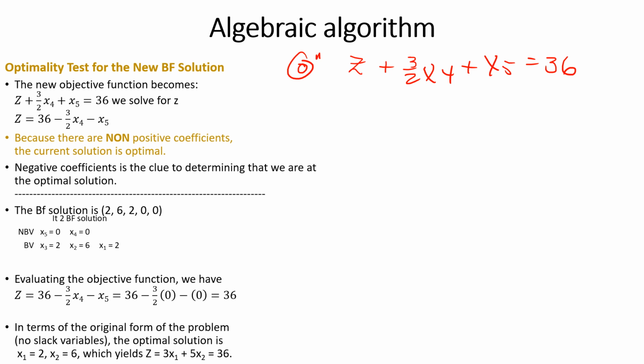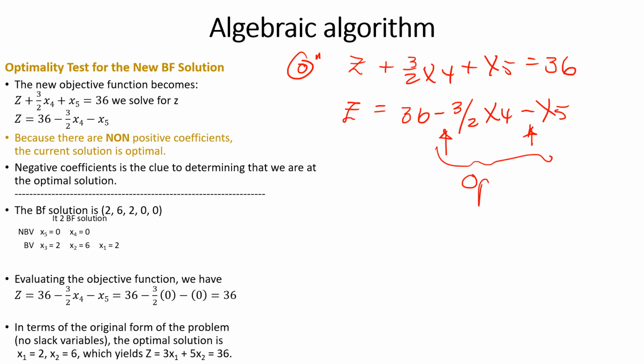Now we need to have the Z on the other side of the equal sign, so it's going to be 36 minus 3/2 of x4 minus x5. So we got now only negative coefficients. So at this point, we can say this is our optimal solution.